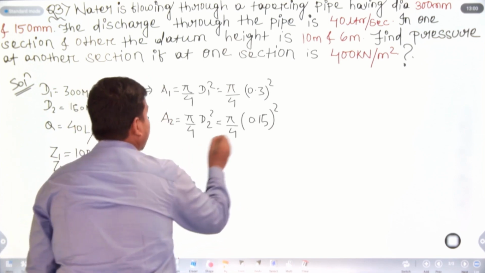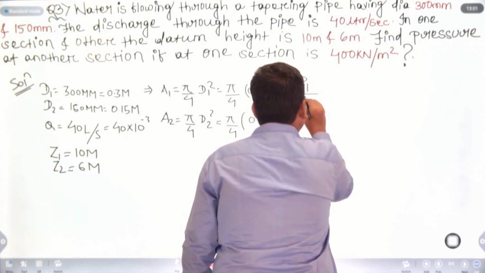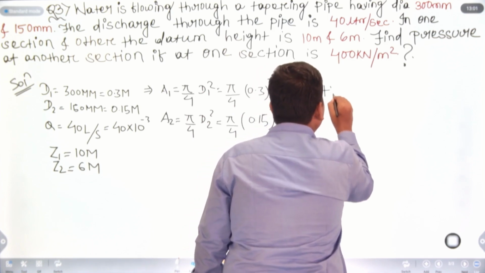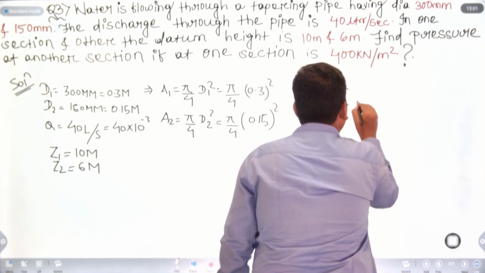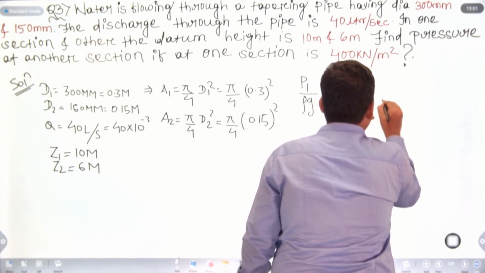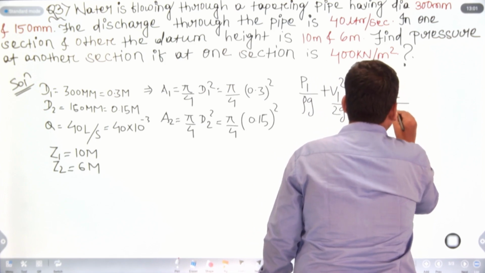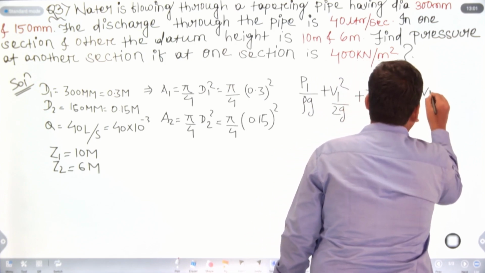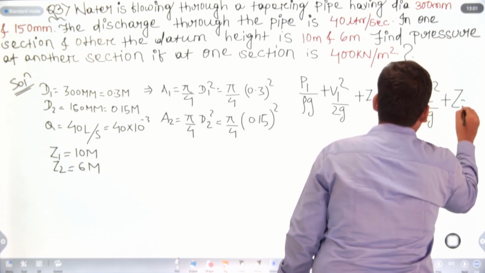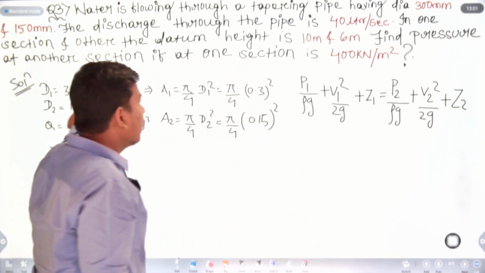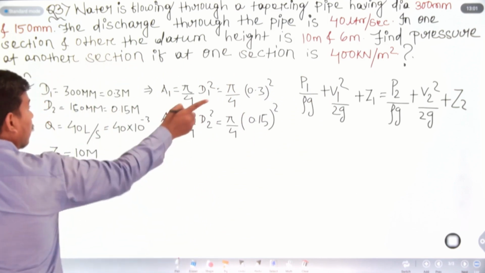we know that your P1 divided by rho g plus V1 square divided by 2g plus z1 is equal to P2 divided by rho g plus V2 square divided by 2g plus z2. But data given here, the pressure at one section is 400 kilonewton per meter square.